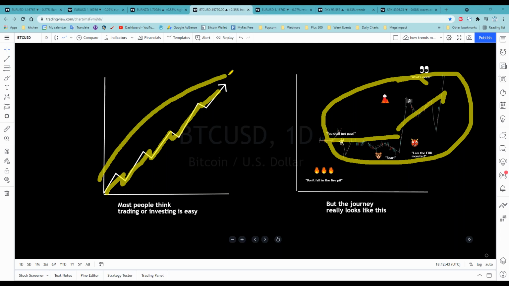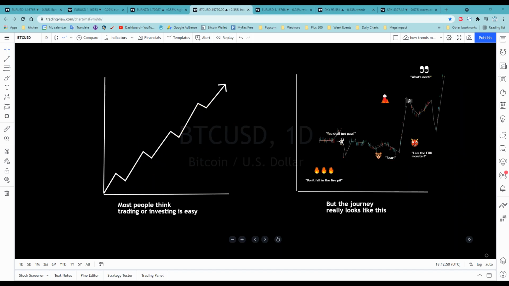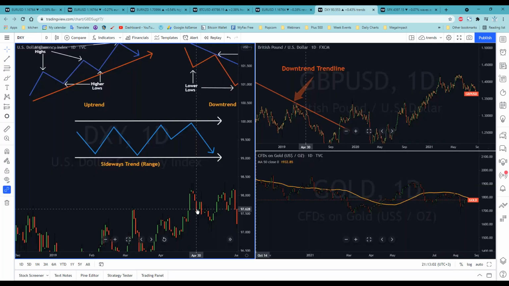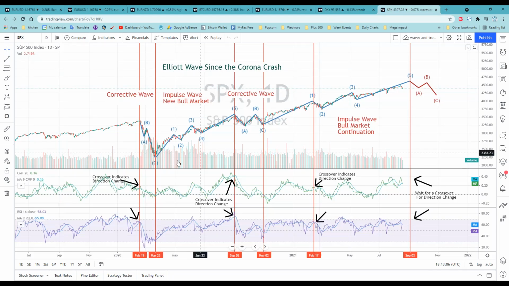But these kinds of things do actually develop. If you wait for them properly, you will find assets that are making beautiful uptrends and then beautiful downtrends. And when you can find those opportunities, then you can take advantage and find some nice trades.